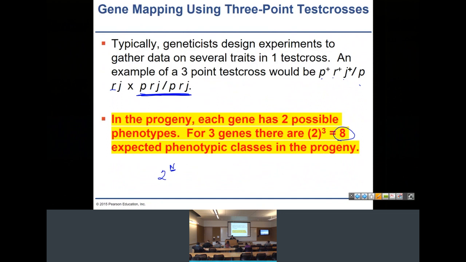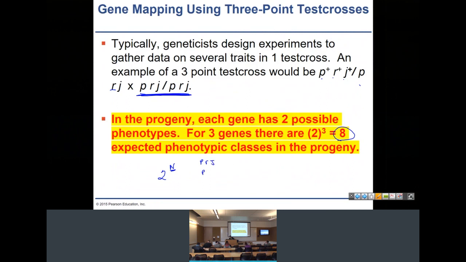So the first thing you need to do is to write out all 8 phenotypic classes. N is the number of genes that we're talking about. So there's 3 genes, P, R, and J. So there are 8 possibilities. So you could have a purple, round, and juicy.